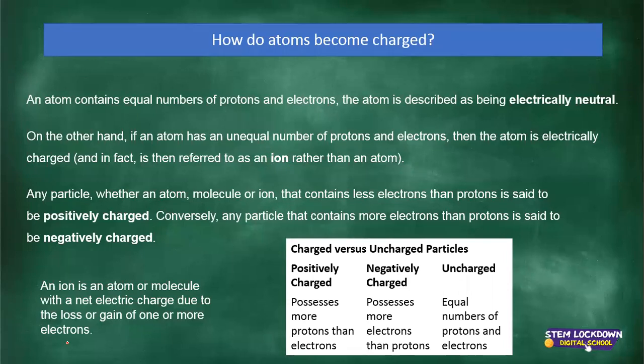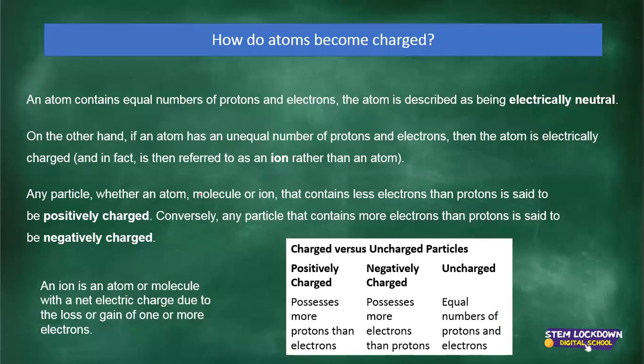So let's look at the definition of an ion here at the bottom left-hand corner. An ion is an atom or a molecule with a net electric charge due to the loss or gain of one or more electrons. So an ion has a net electric charge because an atom has either lost or gained electrons.